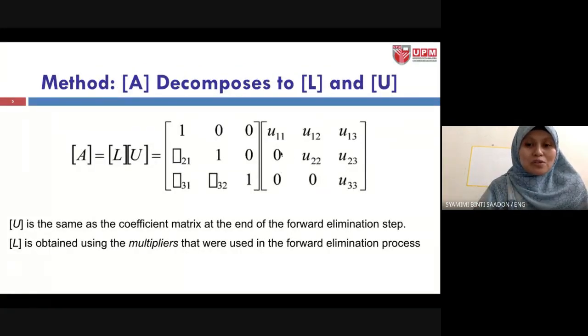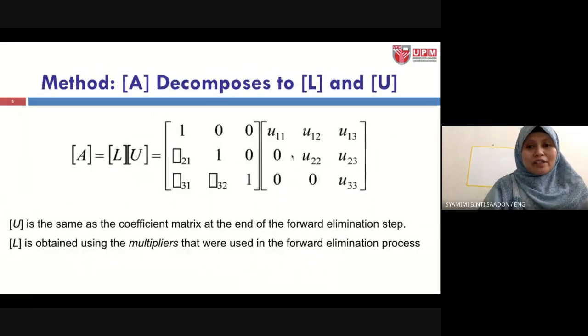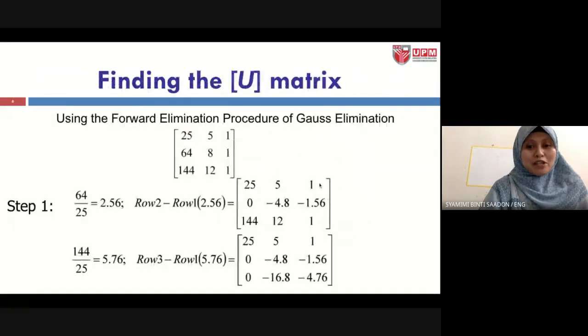We want to find U first, so we want to achieve 0, 0, 0 here. So we have to rearrange matrix A in order for this component, this one, and this term to be 0. So we do it step by step. Step 1, we want to achieve this one 0 first. So 64.